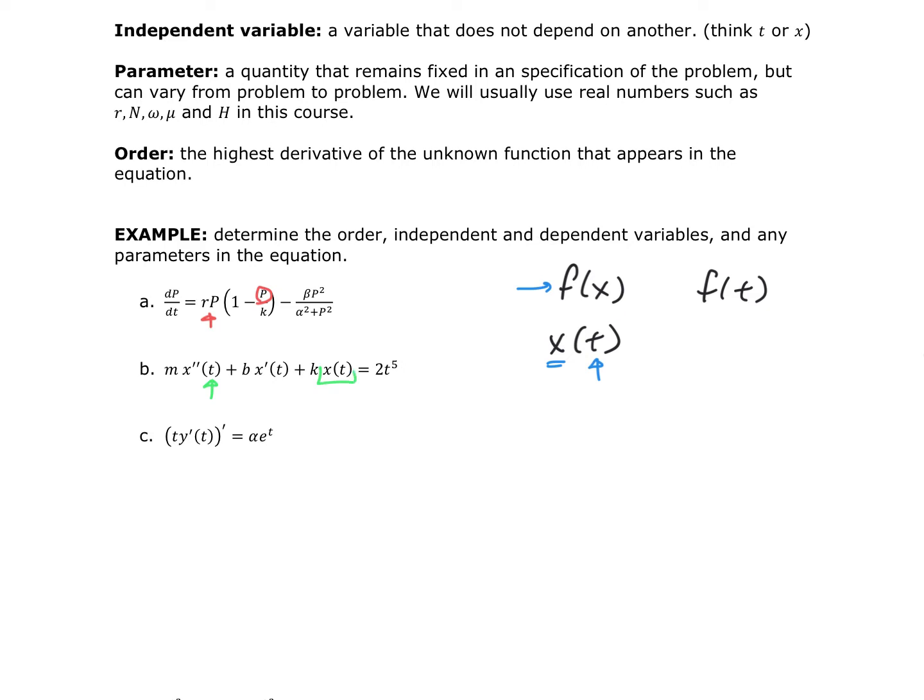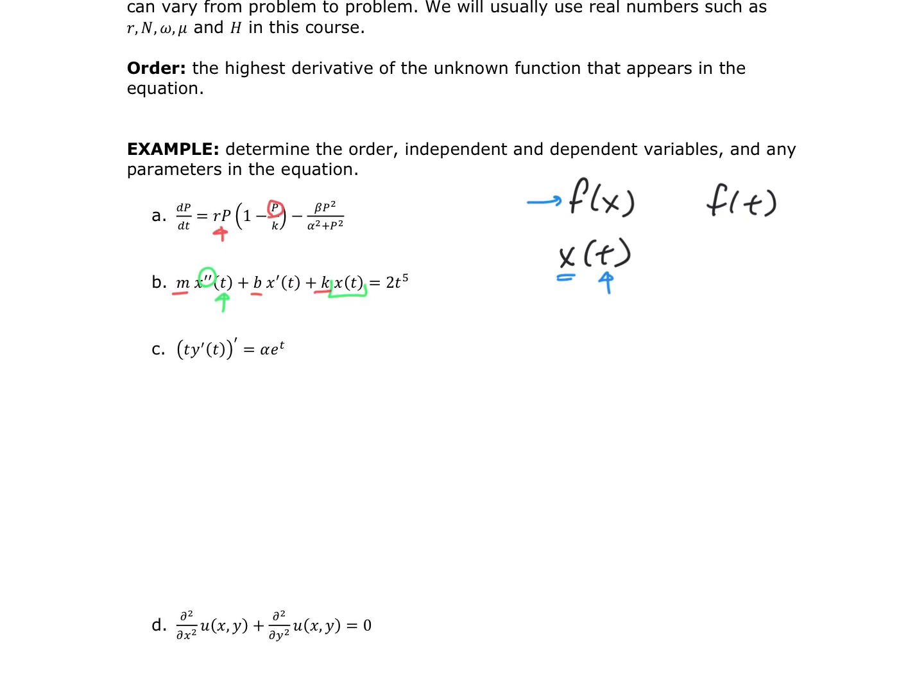It's second order because the highest derivative is the second derivative, so it's an order of 2. And the parameters, again, are m, b, k, because those are not my independent or dependent. And so it is a second order ordinary differential equation.